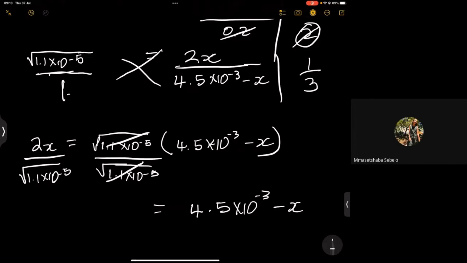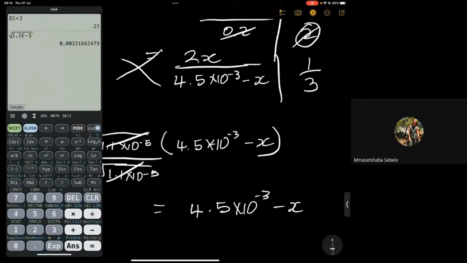On the left-hand side, we have 2 divided by the square root of 1.1 times 10 to the negative 5.